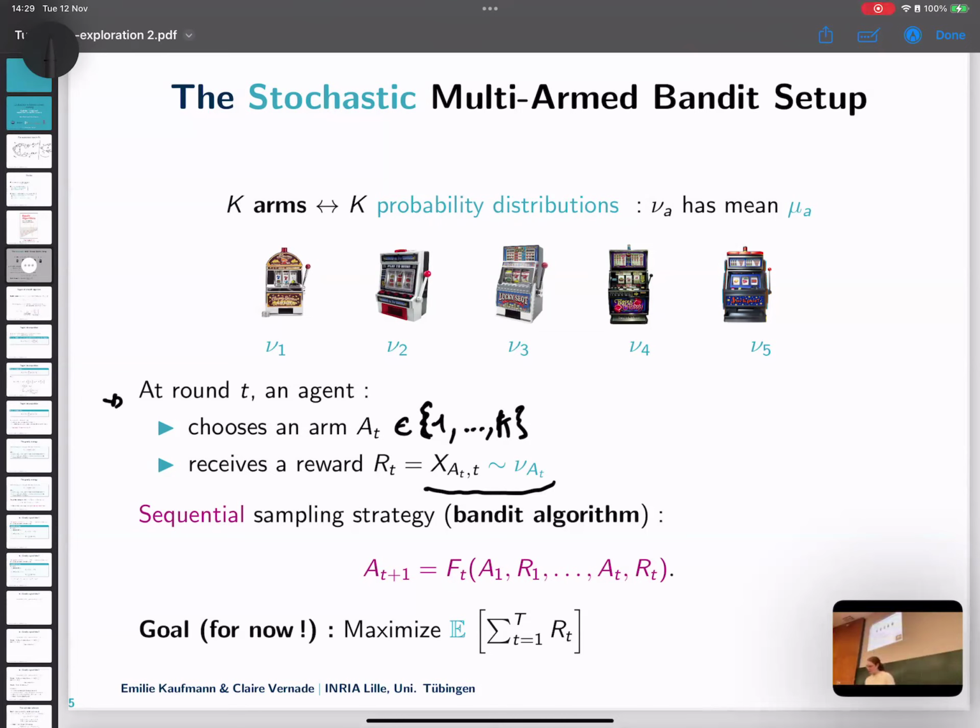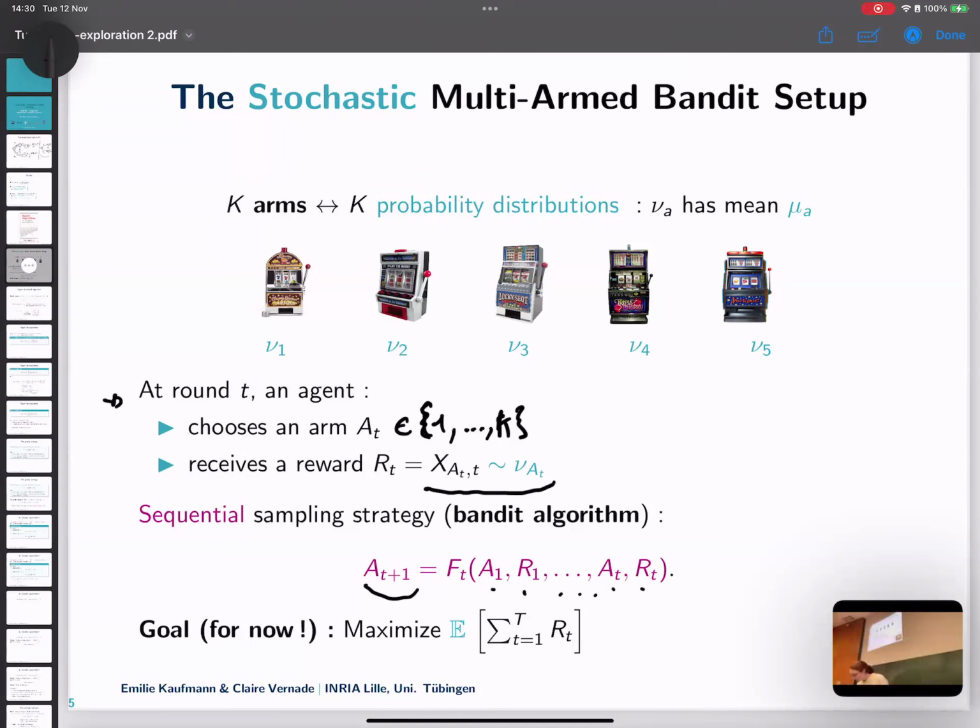At time t plus 1, I have a history of observations: the actions I've pulled and the rewards I've observed along the time. For each of the previous times, I know what actions I've pulled and what rewards I've observed. It's like in my little exploration problem: I know which policies I've tried and I know what rewards I've observed. And the question is, what is the action I should choose at time t plus 1, given this information?